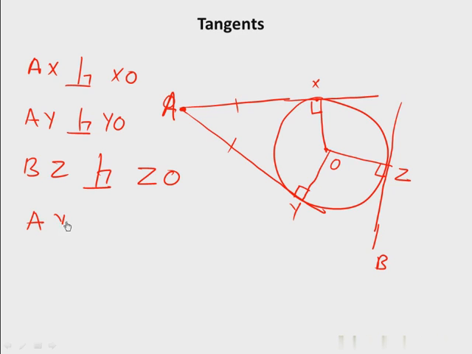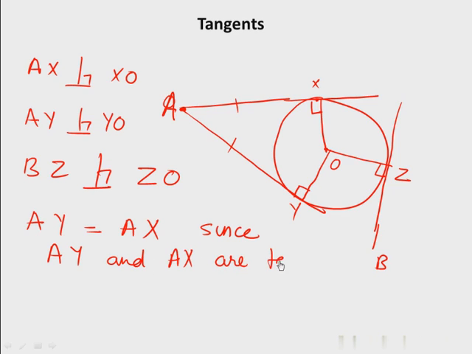So AY equal to AX, since AY and AX are tangents from A to circle O. So the 2 tangents that can be drawn from an external point to a circle will have equal lengths.